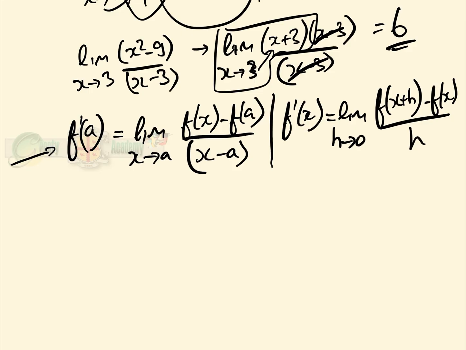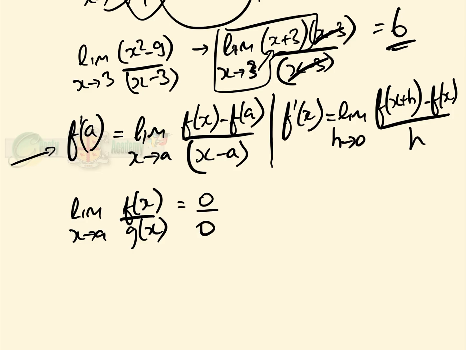Now let's have a look at the case where we can use L'Hopital. So we're looking at the limit as x approaches a of f(x) over g(x) equals 0 over 0, so it's indeterminate, i.e. that means that f(a) is equal to 0 and g(a) is equal to 0 as well.